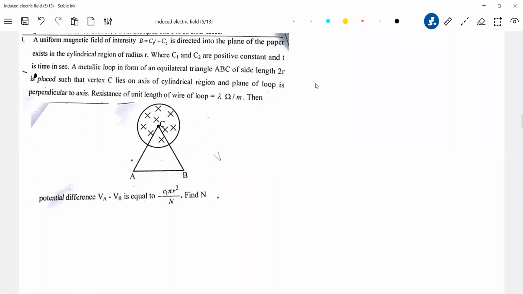So you should be very good in the logical thing, similar to Ampere circuit law. Any nice logical question they'll dump in the exam, so you should be very careful. Okay, now read the question here.